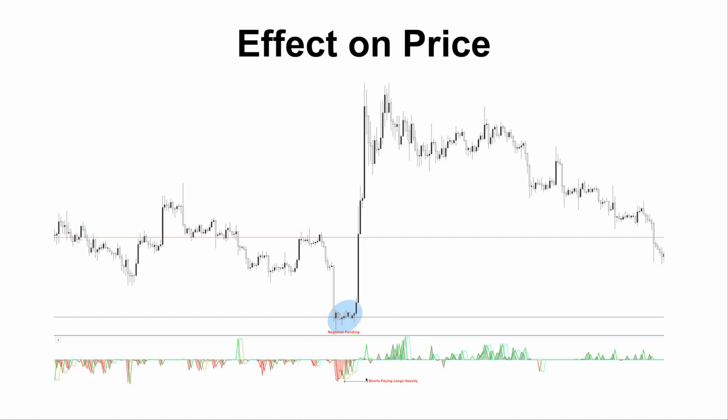Well, when you see the shorts paying heavily to be in a short position at a range low support, and I know for a fact on a high time frame this was a key level, you get instances that can cause a very violent snapback and a short squeeze. And that's what we saw right here.